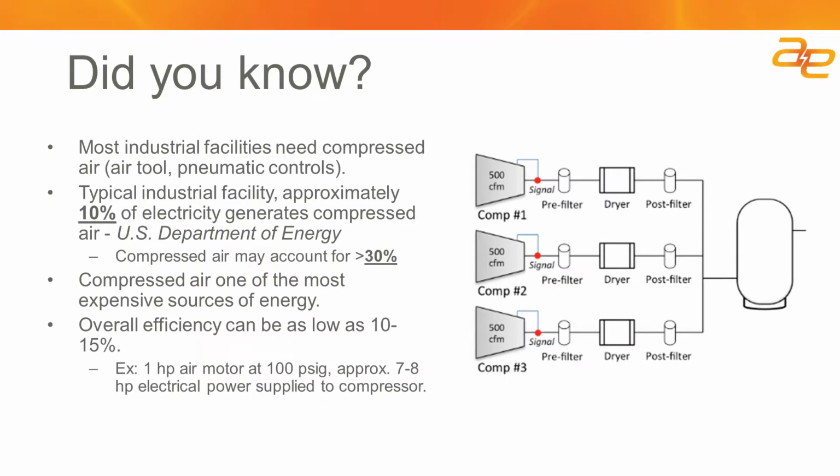What we're primarily talking about in this presentation are utilities such as chilled water, steam, and compressed air. Those are the three primary utilities that I tend to see within an industrial facility. One that I specifically see often overlooked is compressed air.